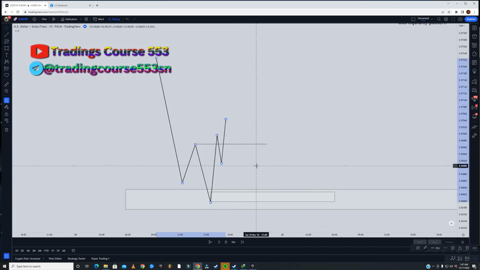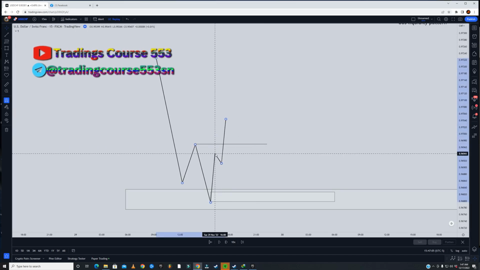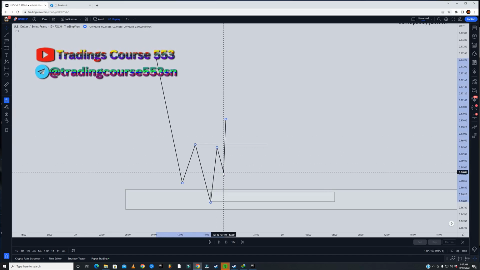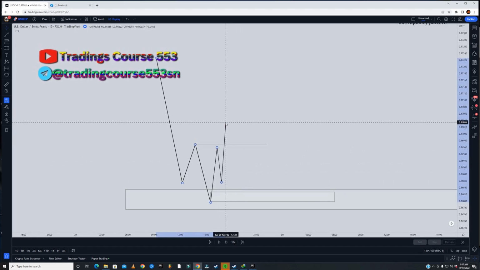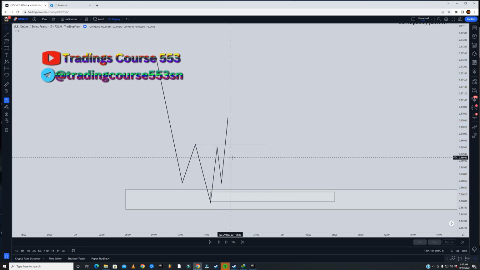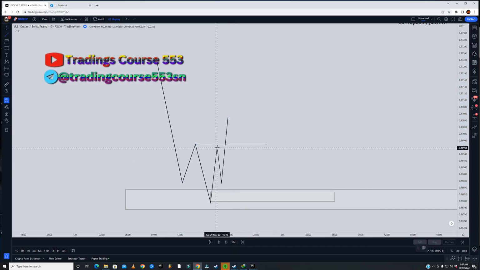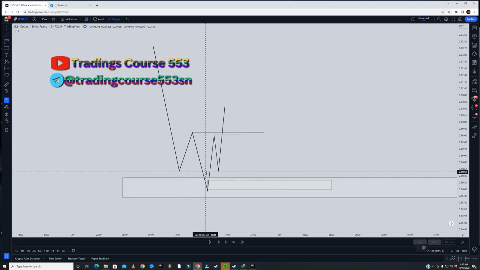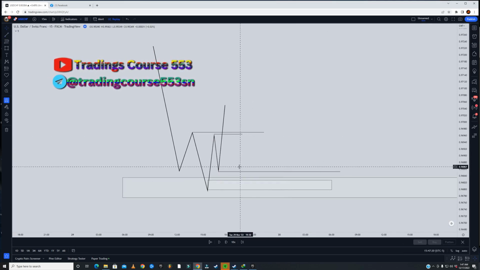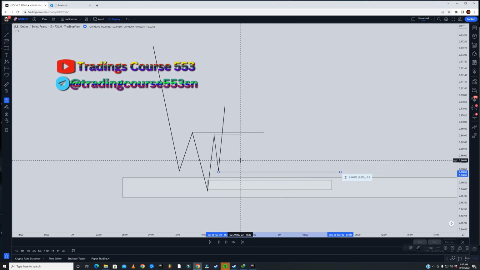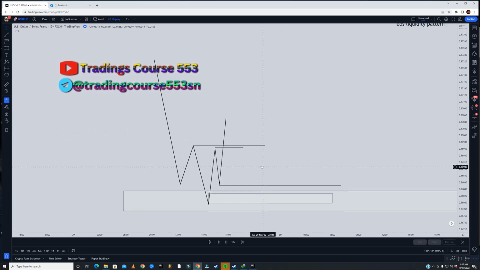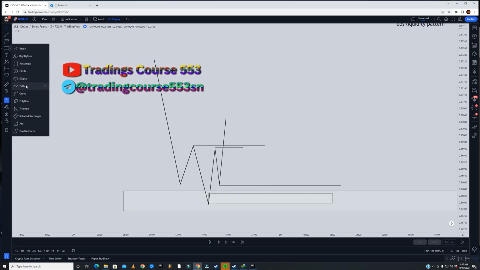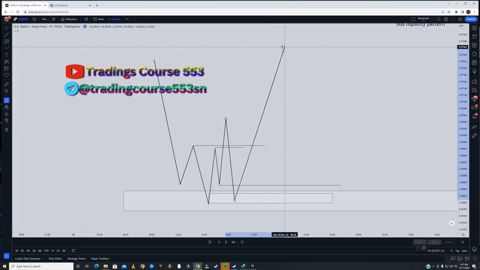Even if price hasn't shifted the market, it can create a break of structure pattern, which is going to look something like this. So you have a break of structure and you also have a change of structure here, and that is absolutely fine as well because this is a liquidity level. So make sure you know that, and when price comes back into your POI, kaboom, it's going to go up like that.